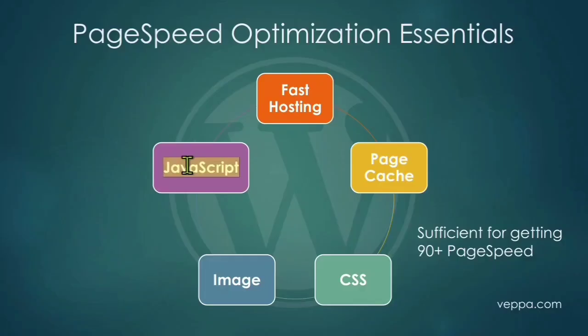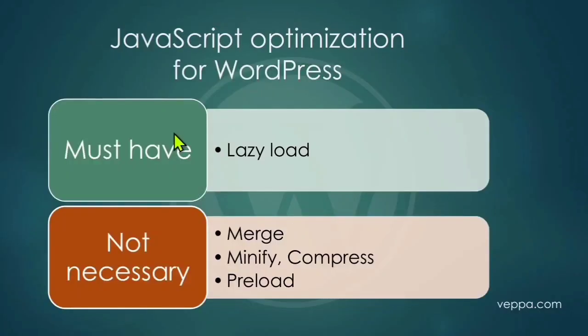Next optimization is JavaScript. We have, again, multiple options, and which are effective and which are not effective, let's see. So the first thing, and this is the most effective option for JavaScript optimization, is lazy loading. It works similar to images, the principle is the same.